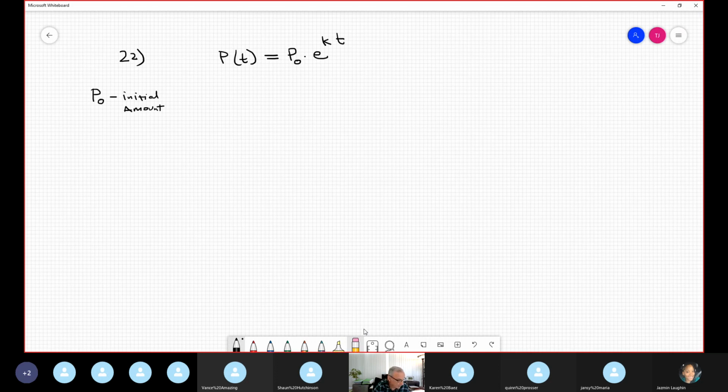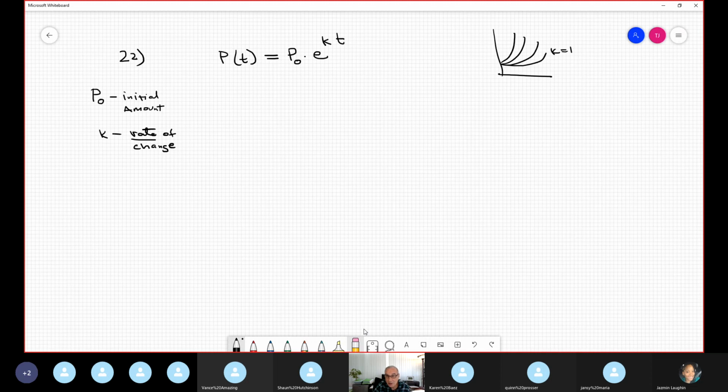k represents, for example, in finance, it's not k, it's r, the interest rate, but in this case, no. In this case, k represents the rate of change. Because actually we have a family of exponentials.